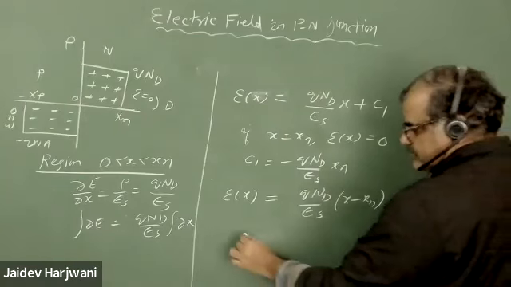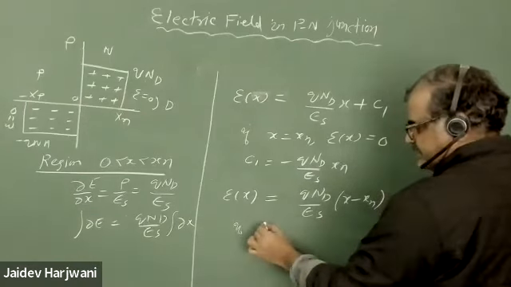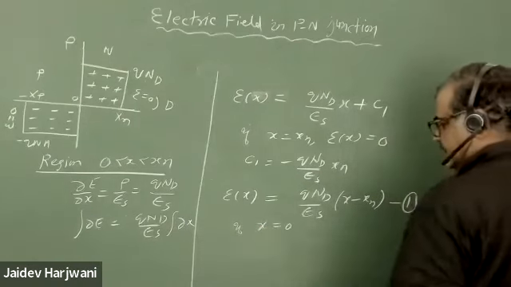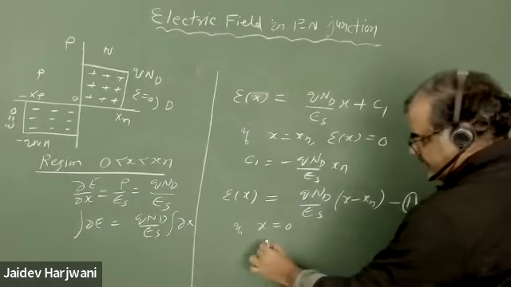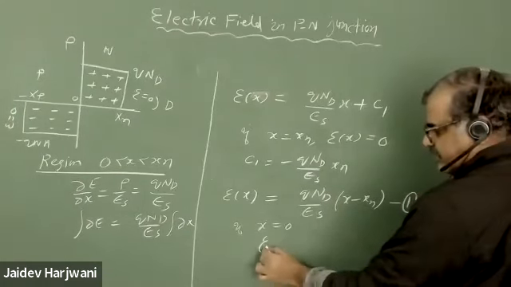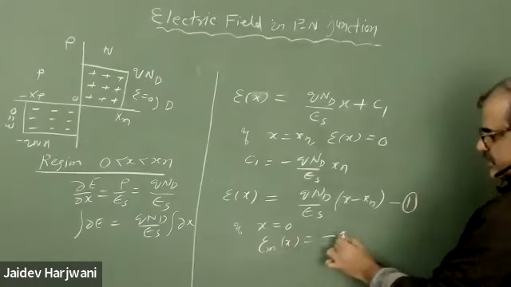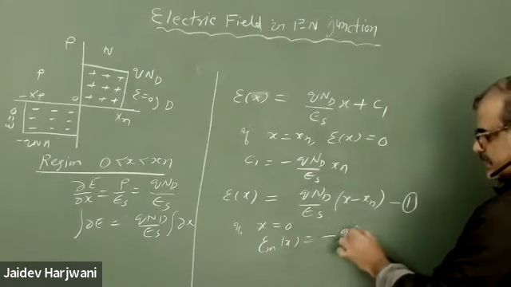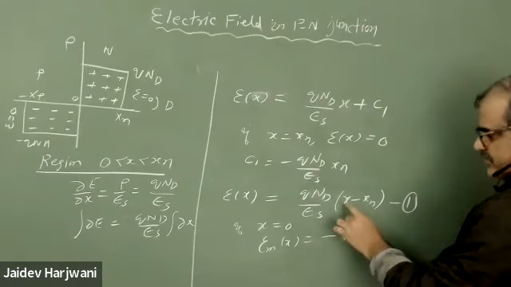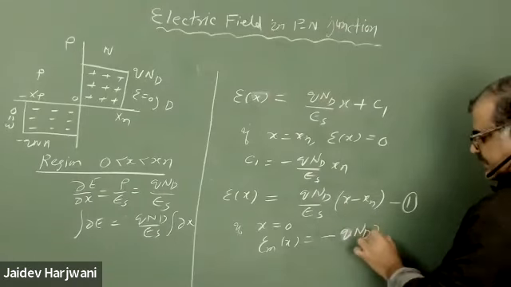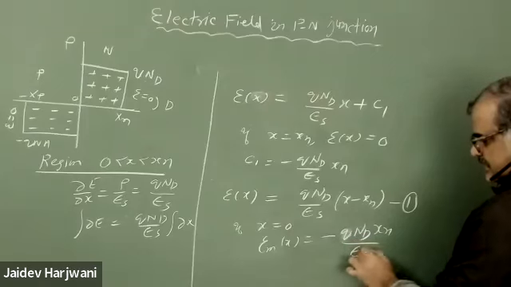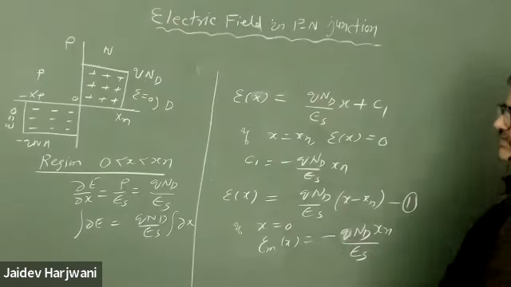Now if I put x equal to 0, this will give me the maximum electric field value, E_max equals minus qN_D x_n upon epsilon_s. This is the maximum electric field value.